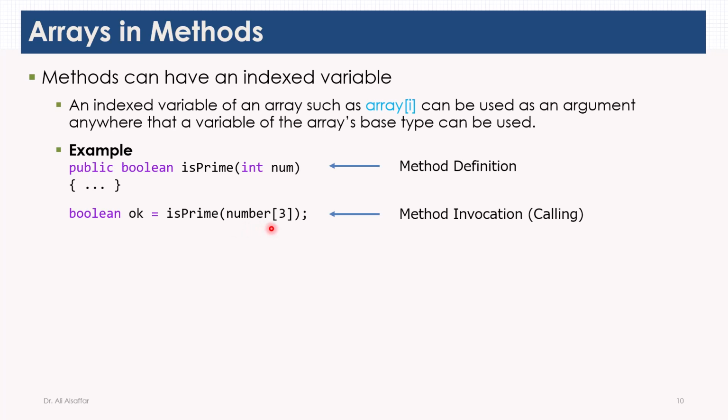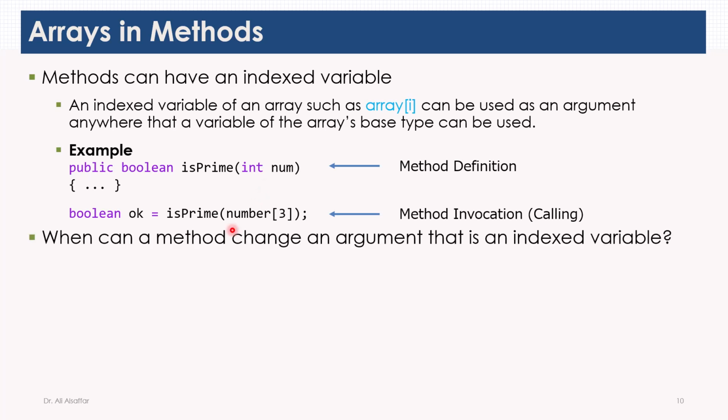Now, if the actual parameter is passed to the formal parameter num, what happens inside the method when num is changed? This is what we need to discuss next. When can a method change an argument that is an indexed variable? In other words, when we pass number[3] and give it to num and we change it inside, what happens to number[3]? Will the index variable change or will it keep its value?